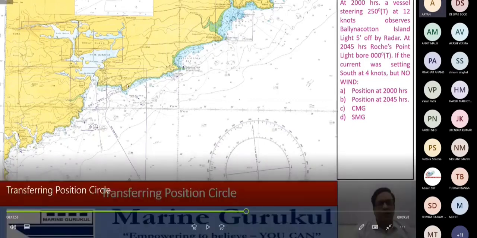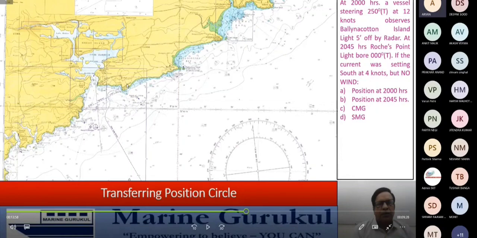So beta, it is exactly the same question, with only one difference, that there is a current in the area. Right? So let us see now how we transfer this position circle with the current.